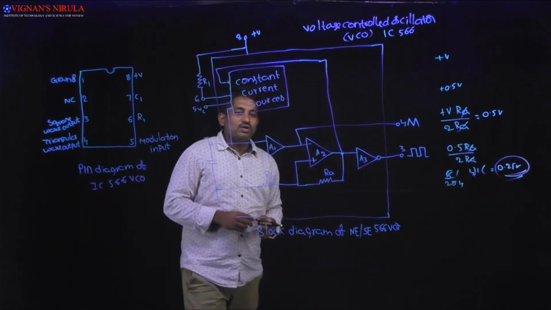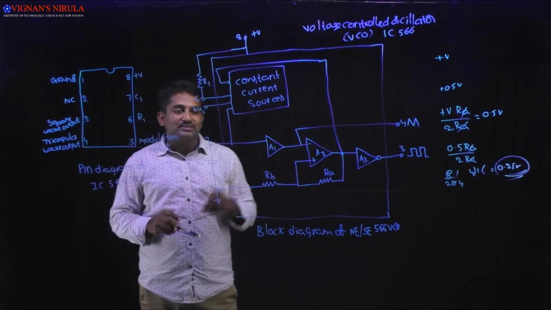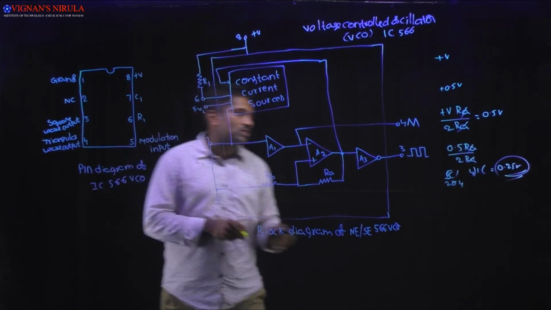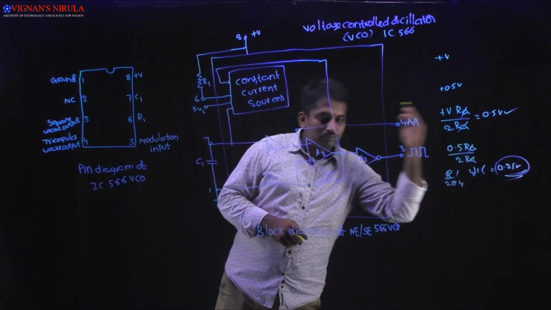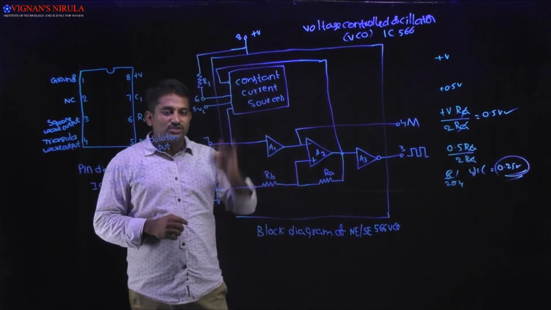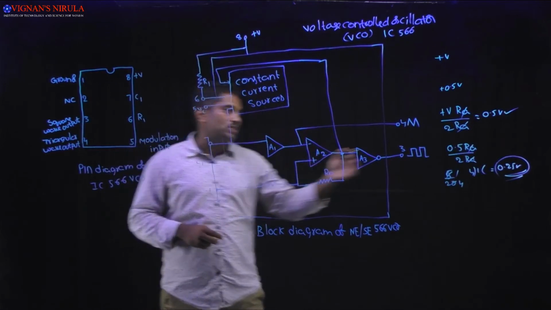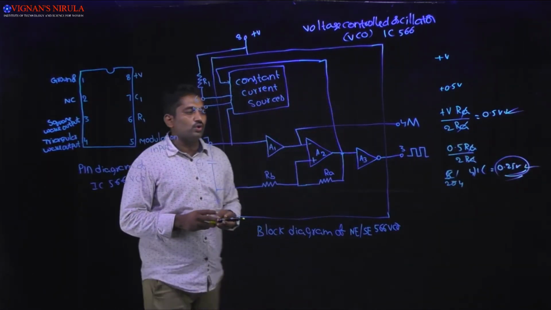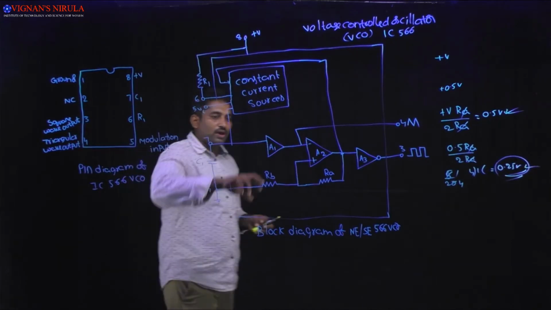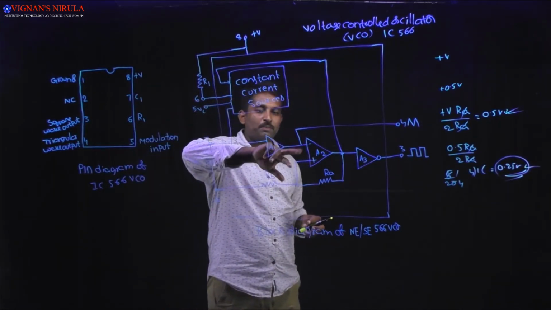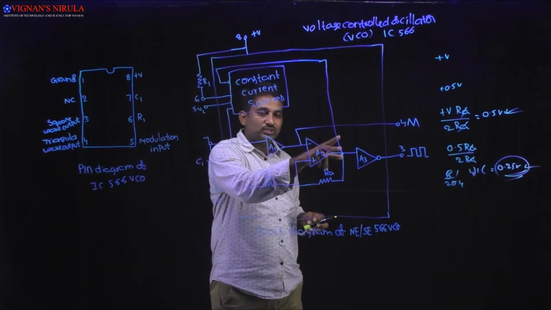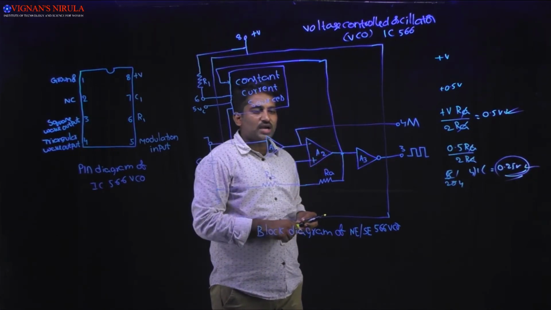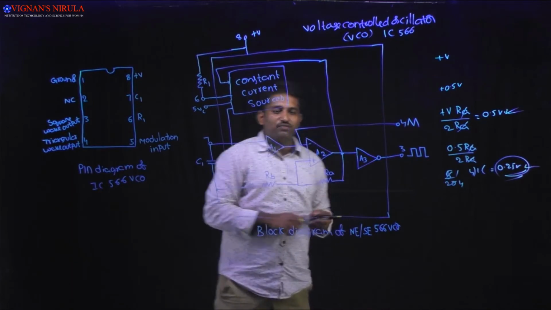Now listen carefully. The capacitor charging is always done using these two levels. Whether it is charging or discharging, that is done using these two levels, 0.5 as well as 0.25 volts. Depending upon the input comparison, we may get the output as plus V, or we may get the output as plus 0.5 volts.